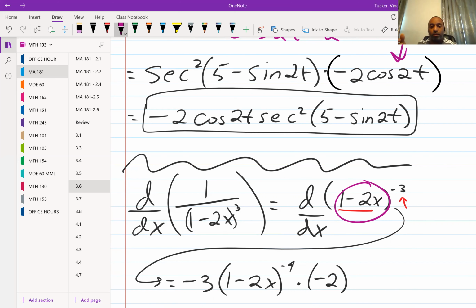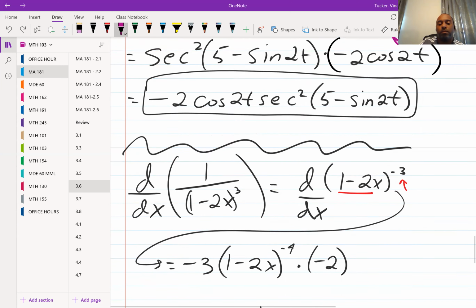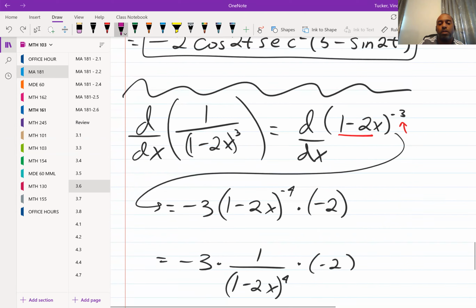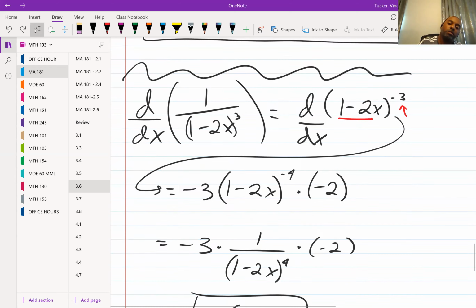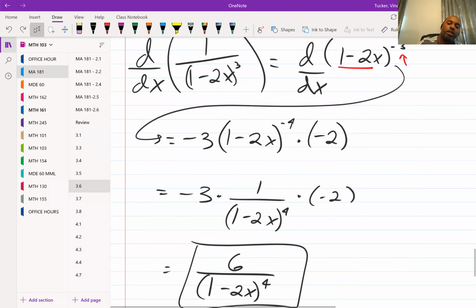Derivative of negative 2x would be negative 2. So to write it as a positive exponent, you can drop it back down to your denominator. And then multiply that negative 3 and negative 2, that'll give you a positive 6.